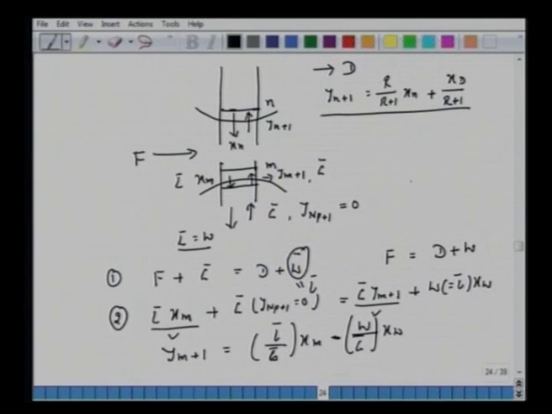So we had the flow rate L bar arriving at the reboiler, we had this bottom product which was W, and vapor sent back as G bar.